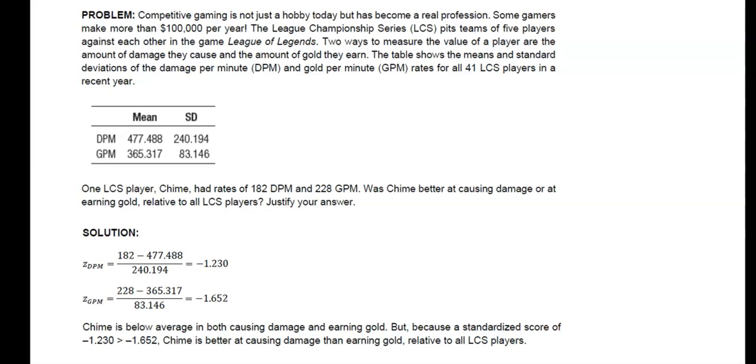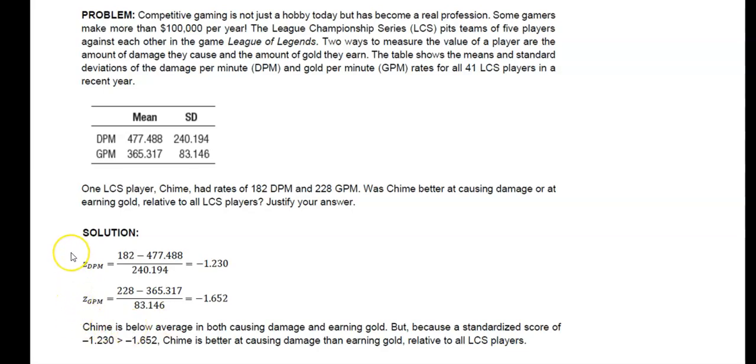So you can plug in 182 DPM. For DPMs, you do the minus the mean of 477 divided by the standard deviation, you get negative 1.2. And then for GPM, you do the same thing for those two. They have different means and standard deviations there.